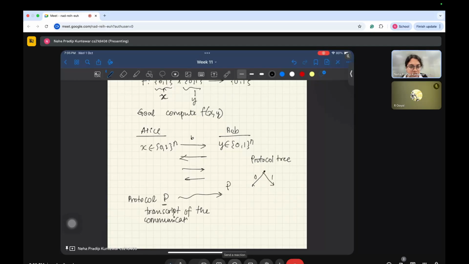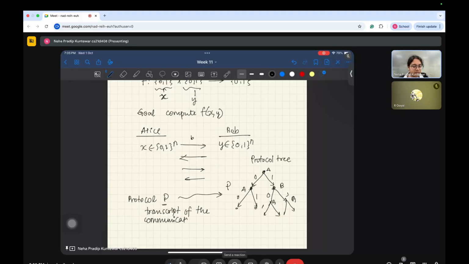Based on what that bit is, there are two different nodes that we could land up in. Now at this point, if Alice communicates, so this was Alice's communication, let's say, now at this point Alice decides to send another bit. She could send a 0 or 1, based on which we end up in two different nodes. It could also happen that at this point Bob decides to speak, and based on that maybe Alice picks up next.